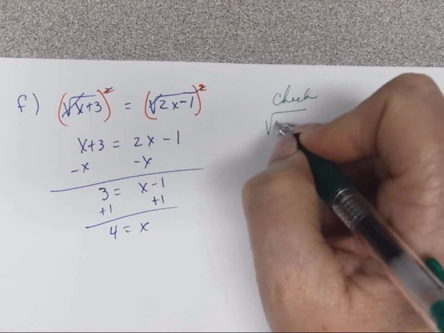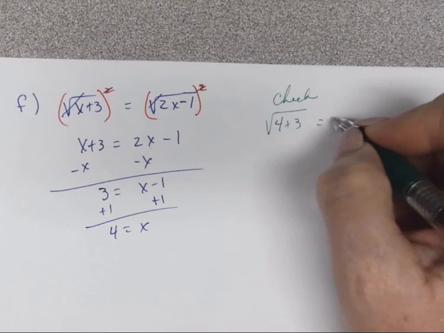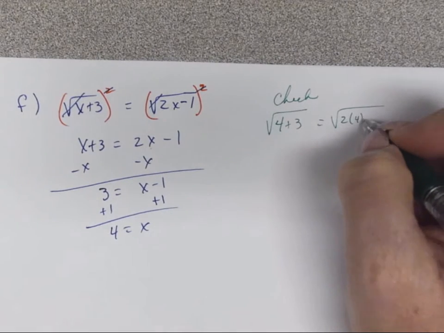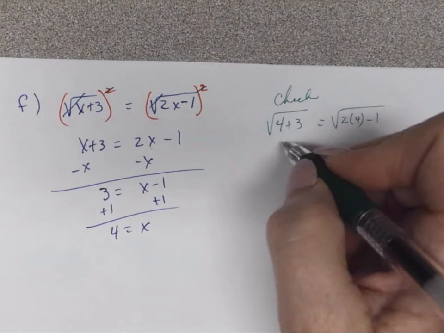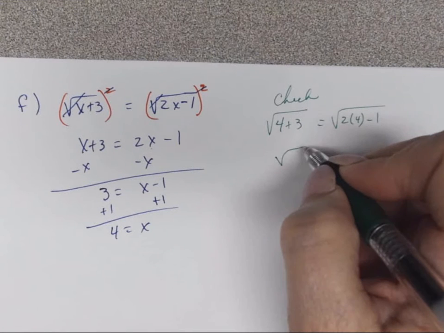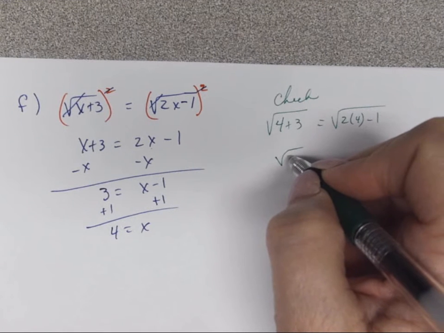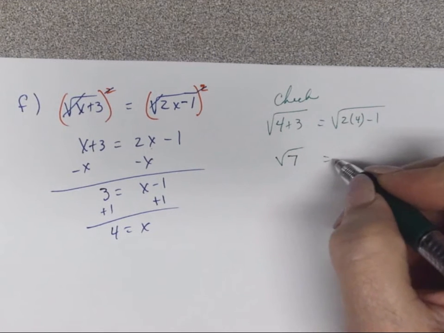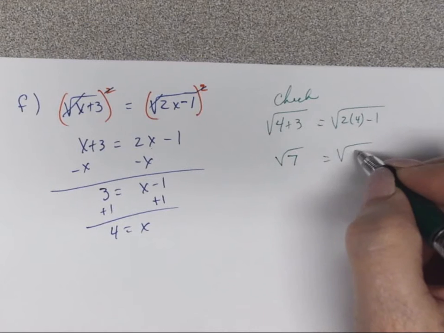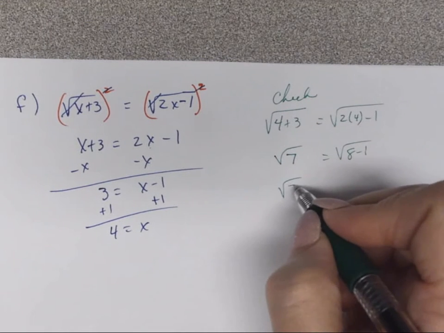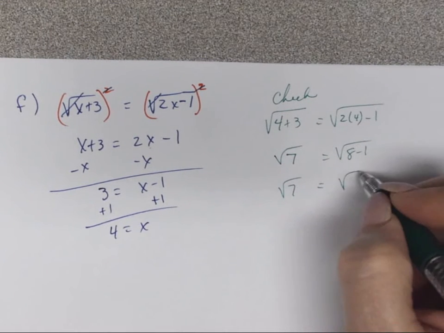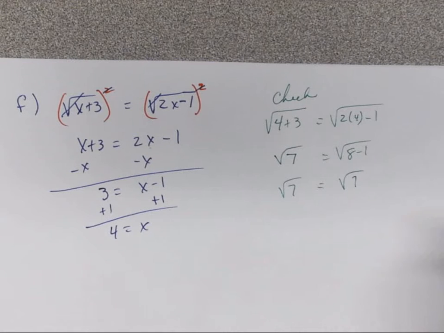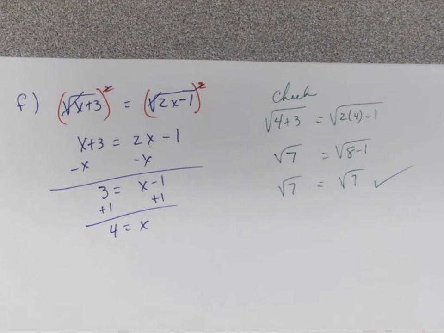So the square root of 4 plus 3 equals the square root of 2 times 4 minus 1. 4 plus 3 is the square root of 7. 2 times 4 would get us 8 minus 1. 8 minus 1 is 7. We have square root of 7 equals square root of 7. We are good. All right, let's go look at another type of problem.